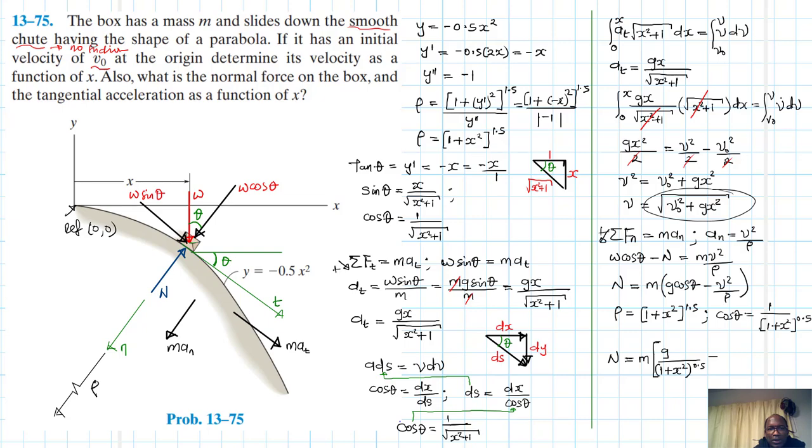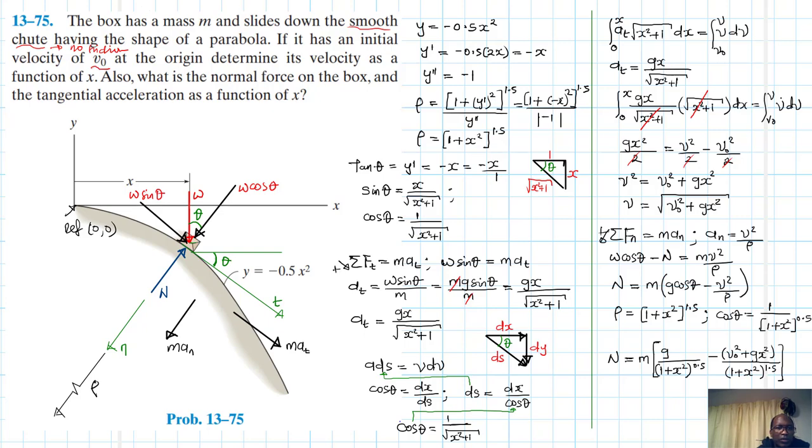Since this one, once it is squared, we just remain with v naught squared plus gx squared, divided by rho, and rho is just 1 plus x squared to the power 1.5. Okay, there we go. So this is our final solution.